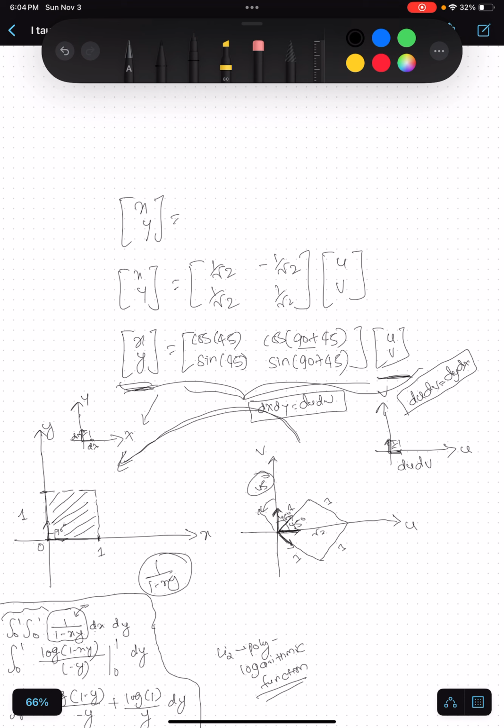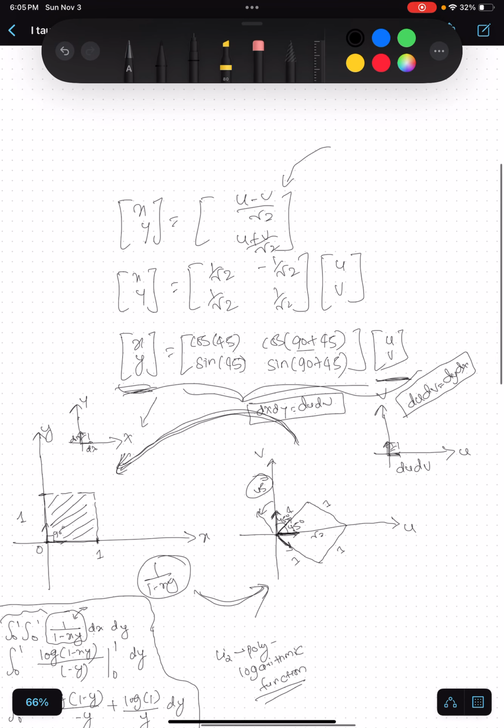So now this will be (u minus v) by root 2, (u plus v) by root 2. If I make this substitution, that will rotate the x and y coordinates by 45 degrees in the clockwise direction, right? u and v in the anti-clockwise, but x and y in the clockwise direction.